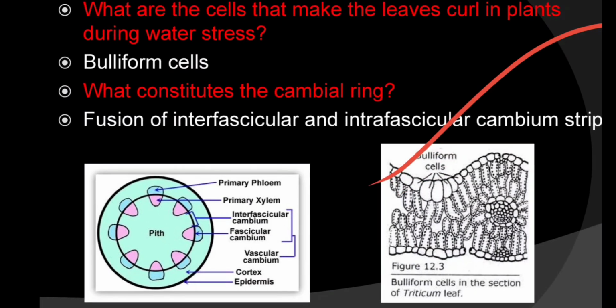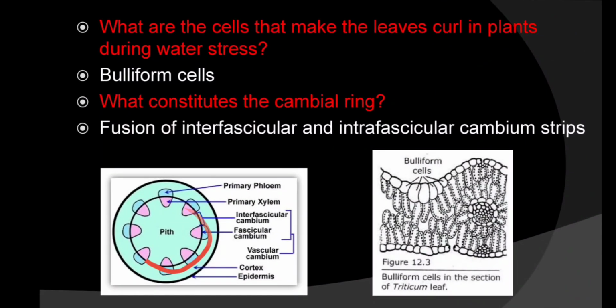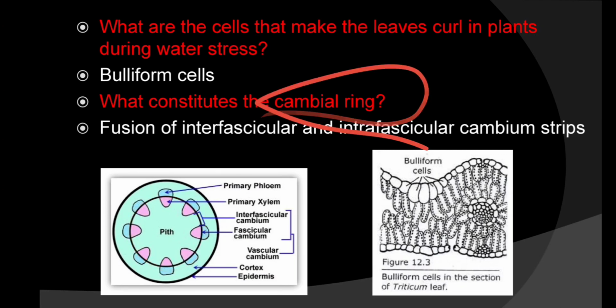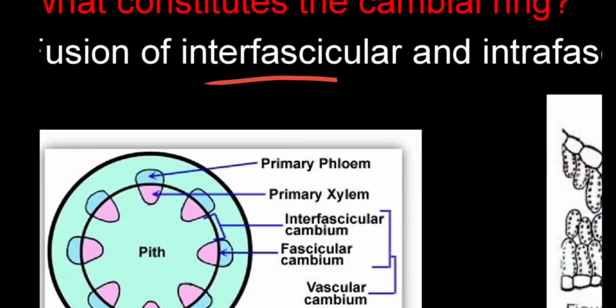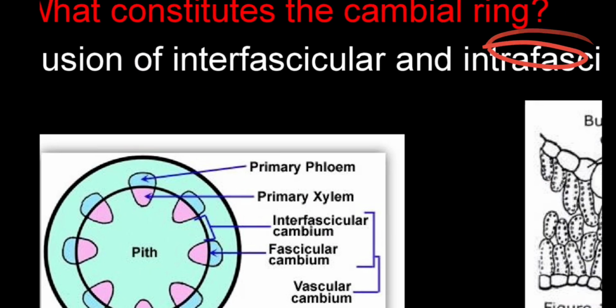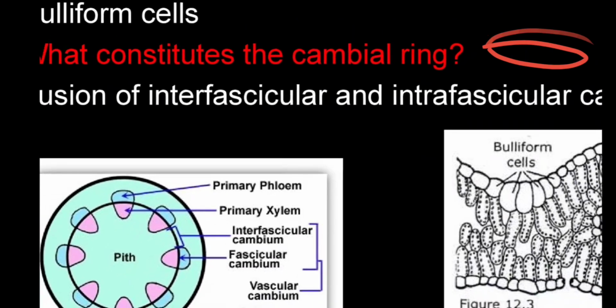Now, what constitutes the cambial ring? This is the cambial ring, the black color ring inside that you will see. This ring is formed by the fusion of interfascicular and intrafascicular cambium strips. Intrafascicular cambium strips are present in between the xylem and the phloem.